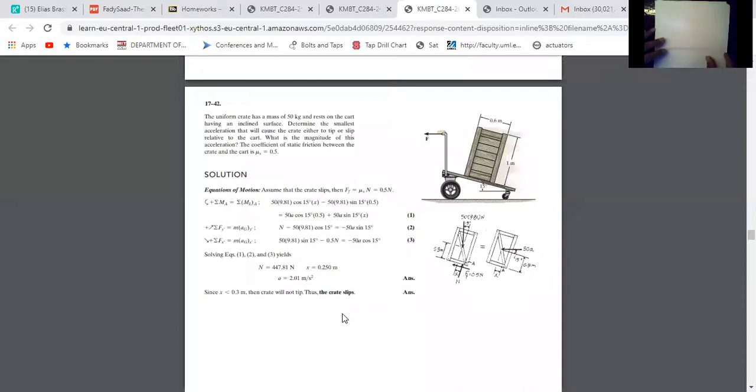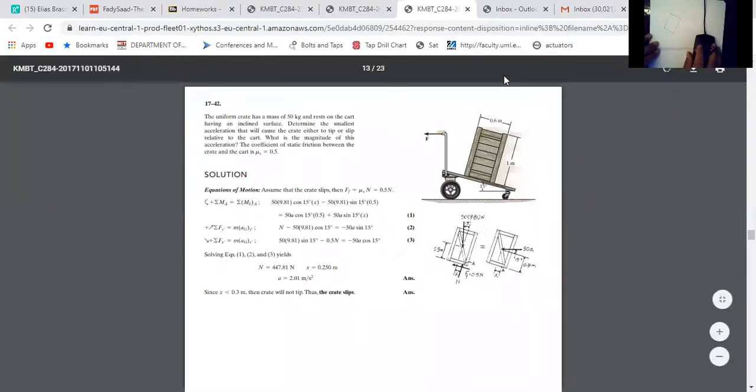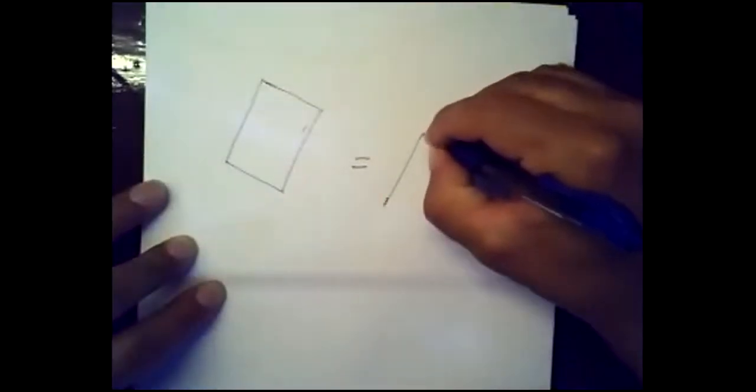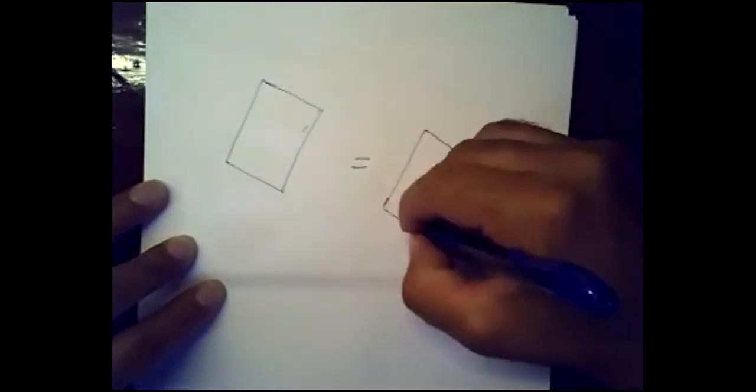Okay, so let us draw a free body diagram here. We know it's going to look like that, right? This is the crate, and this angle is 15 degrees.